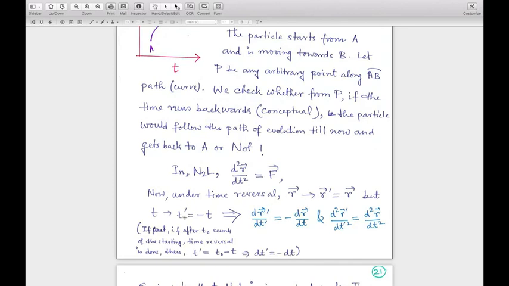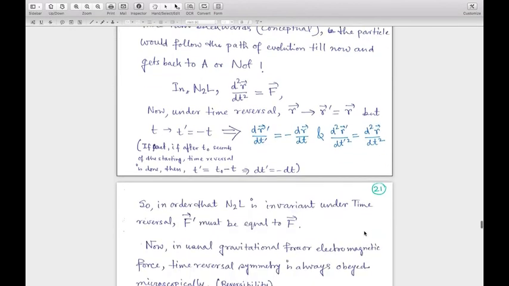Now, if t is transforming to minus t, then the velocity in the new evolution process will be simply minus of the old velocity, right? But as time is changing its sign twice, in the acceleration we cannot see any change of sign.